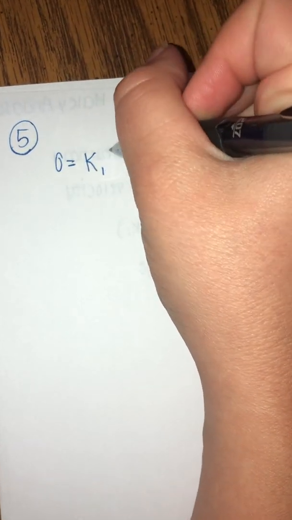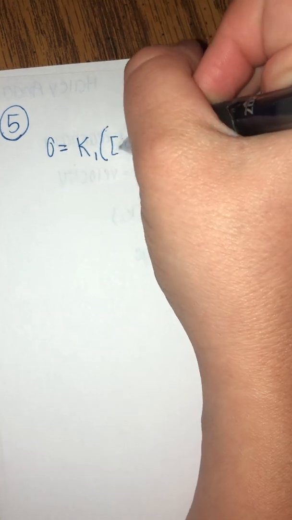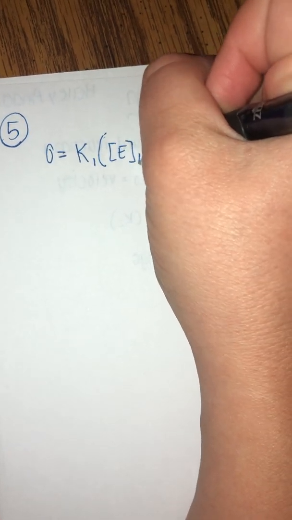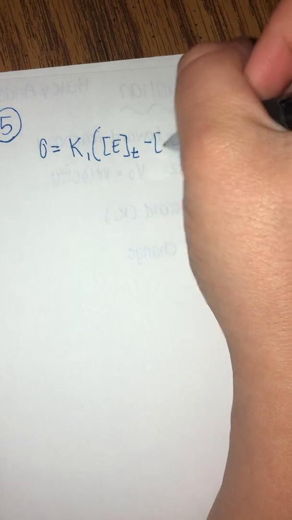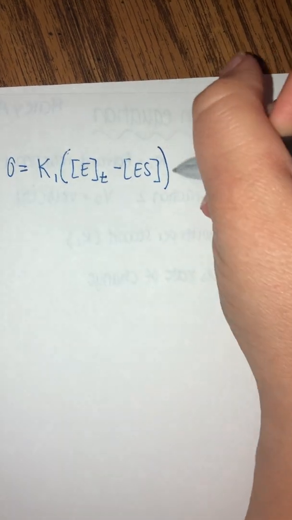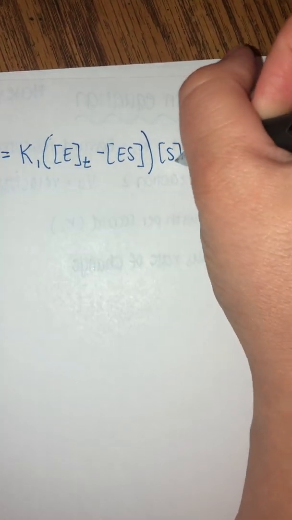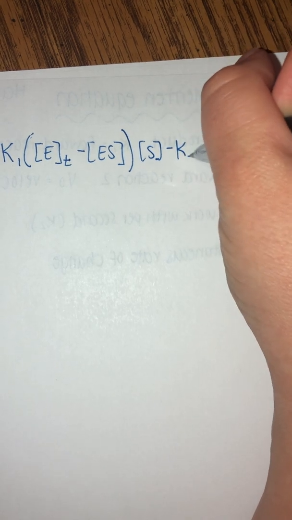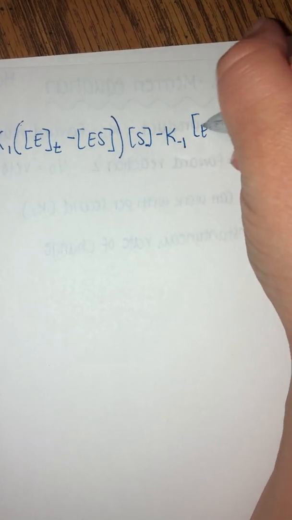So it's going to look like this: K1 times E sub T minus ES, times S, minus K-1 times ES, minus K2 times ES.